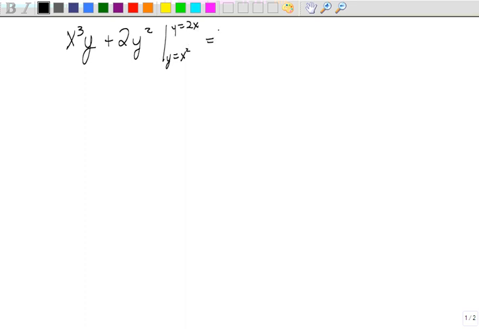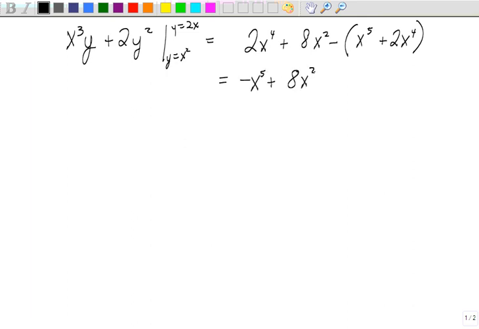So substituting in 2x for y, we're going to get 2x to the 4th plus 8x squared, minus, now substituting x squared, we're going to get x to the 5th plus 2x to the 4th. That's going to be negative x to the 5th plus 8x squared, because those are going to cancel.